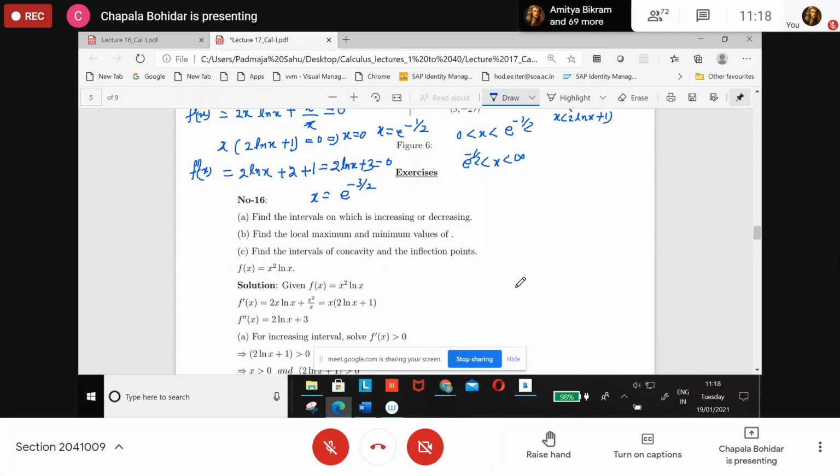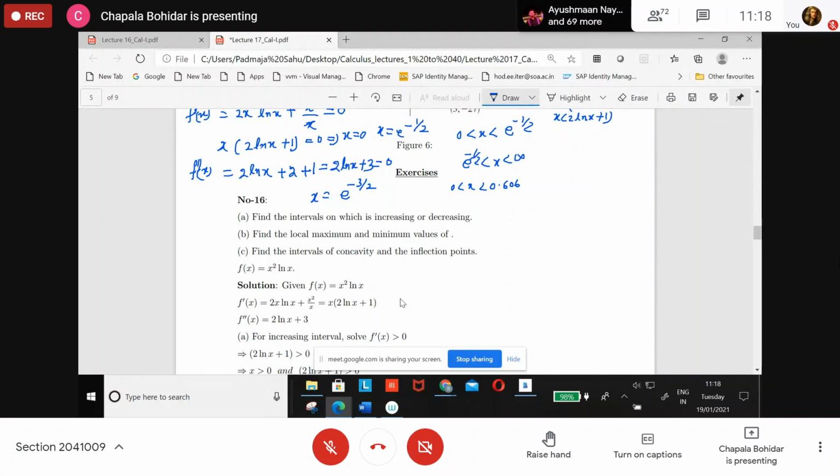Okay, I am writing here. It is your interval: 0 is less than x is less than 0.606.